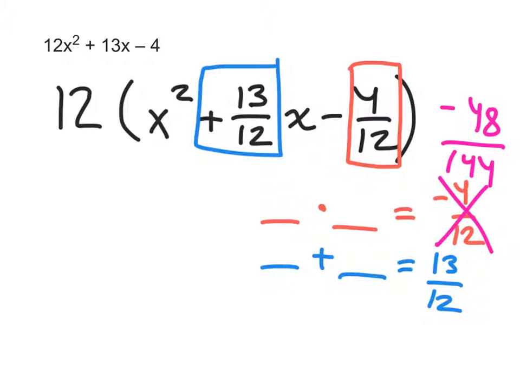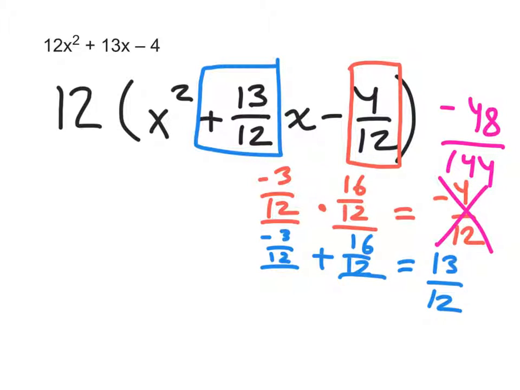Now, when I look at it with the fractions, the two numbers that I found before that were positive 16 and negative 3, they're actually going to work out perfectly with the fractions when I multiply them together.